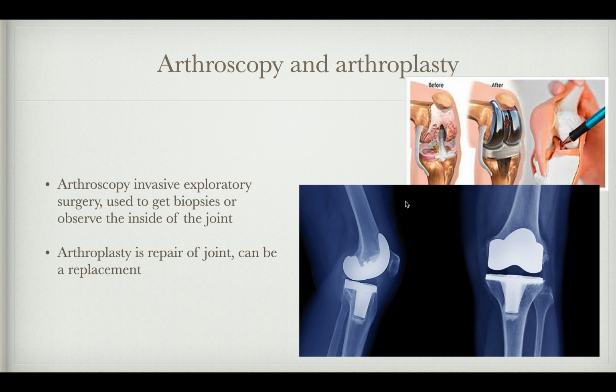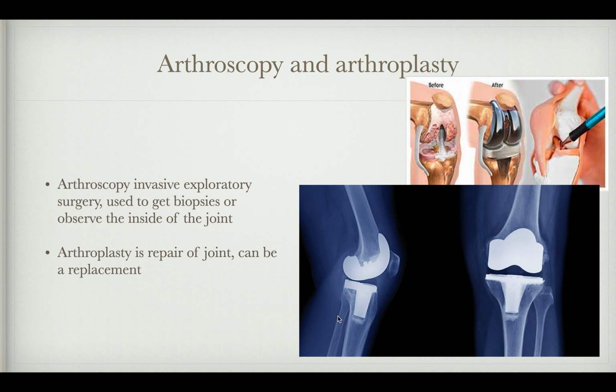There are a few ways you can repair injuries, and arthroscopy is an invasive exploratory surgery. You really use that to image the joint or get biopsies. Arthroplasty is the repair of the joint, so that is when the bone will be replaced, and it could be partial or total.